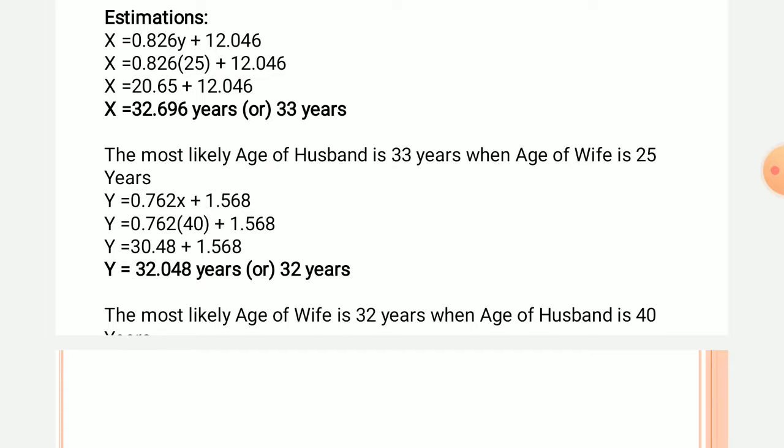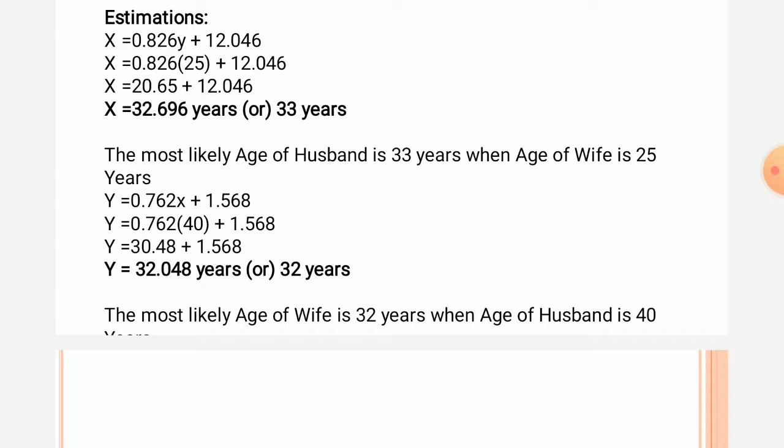This can be done by using the regression equation y on x. Y is equal to 0.762 x plus 1.568. Y is equal to 0.762 into the value of x, age of husband 40, plus 1.568.